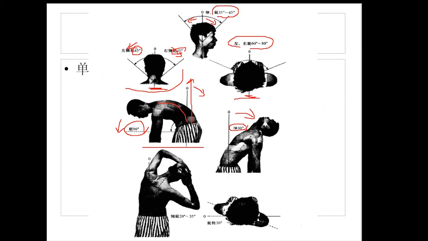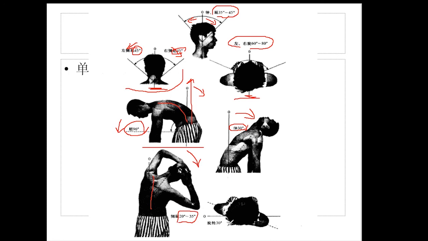And when people are standing straight, they can still move to the side, a kind of abduction or lateral flexion. That's about 20 to 35 degrees.